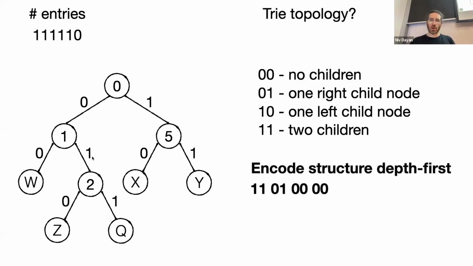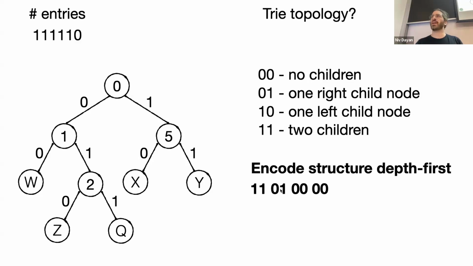So to encode this particular trie, it looks like this. Why? First of all, this is an internal node that has 2 children that are also internal nodes. So that's a 1, 1. Does that make sense? Now I continue in my depth first order. I go to this node. This node has one child that's a leaf node and another child that's an internal node. So the encoding for this one should be 0, 1.